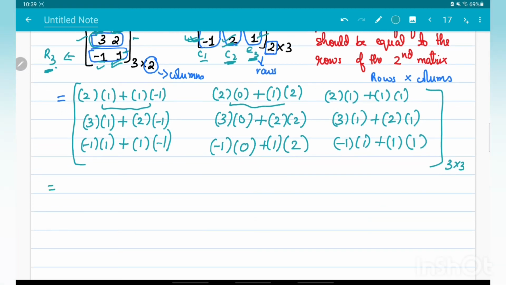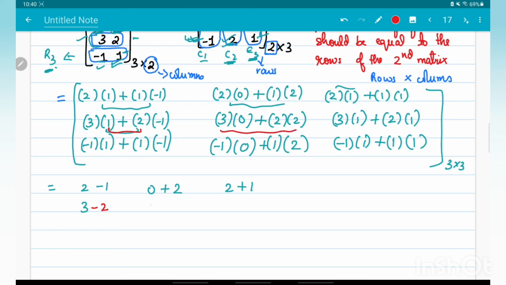So when I solve this, 2 ones are 2, minus 1. This becomes 0 plus 2, and then here it becomes 2 ones are 2 plus 1. Here it becomes 3 ones are 3, 3 minus 2.